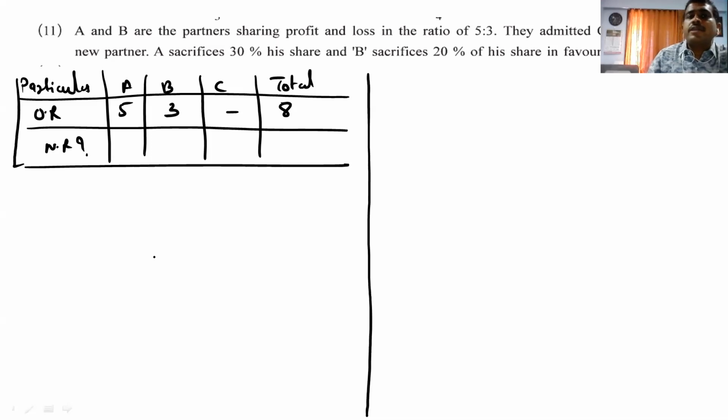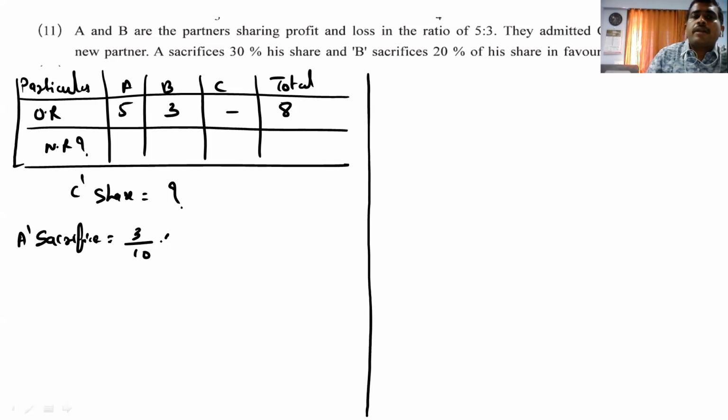They admitted C as a new partner. C's share, we don't know. A sacrificed 30% of his share. So A's sacrifice is equal to 30%.